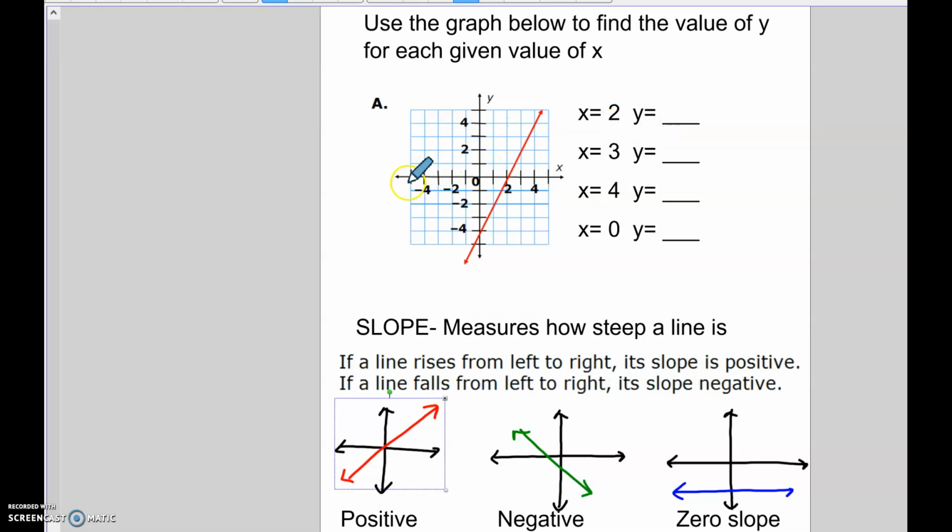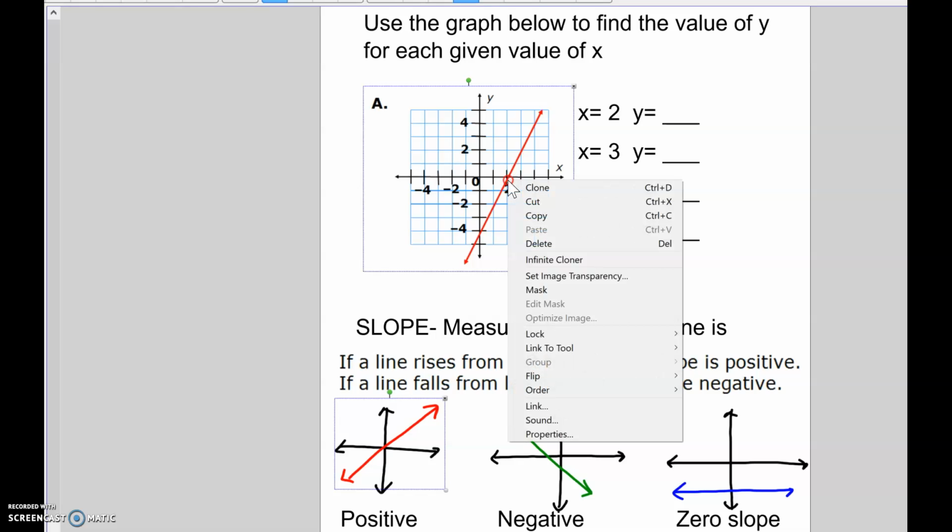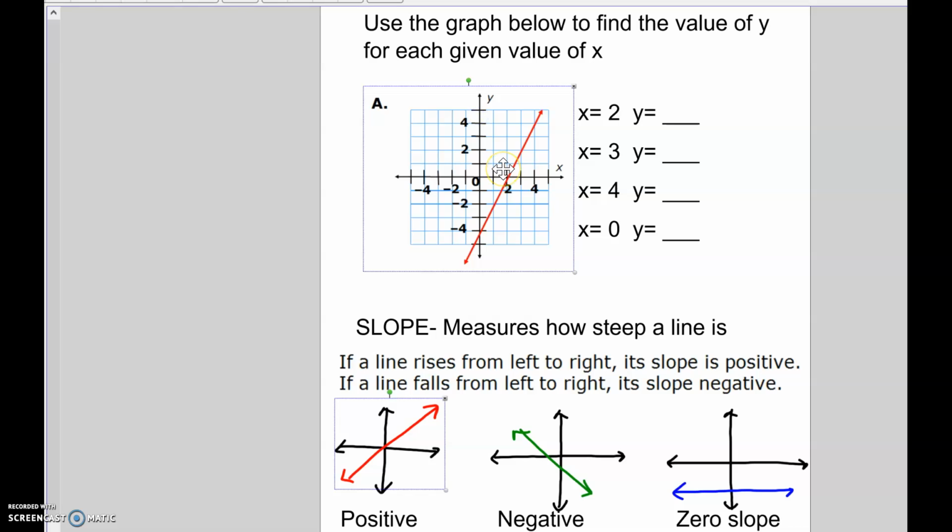So I'm going to go to the x-axis and find 2, and I'm going to touch the red graph. Well, I'm already touching it. It's right here. When x is 2, y is 0.